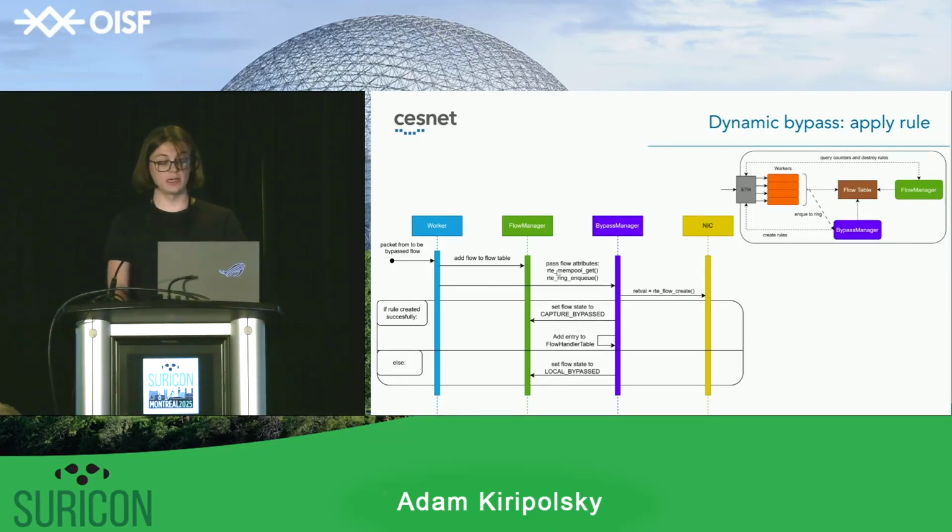We are using the RTE mempool structure for allocating the memory, and the RTE ring structure to pass the necessary information into the bypass manager thread. Then the bypass manager creates the rules via the RTE flow create. The bypass manager thread is responsible only for creating of the rules, so it doesn't matter if it waits or not. It doesn't affect the performance of Suricata.